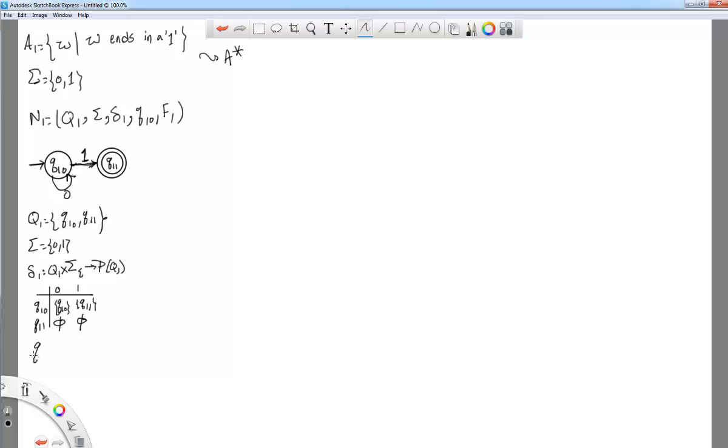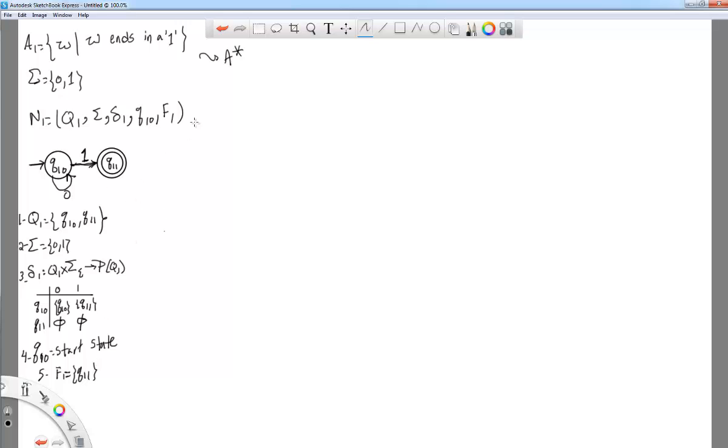The start state is q sub 1 0. Let me label these: step 1, step 2, step 3, step 4, and step 5. F sub 1 is equal to the set {q sub 1 1}.